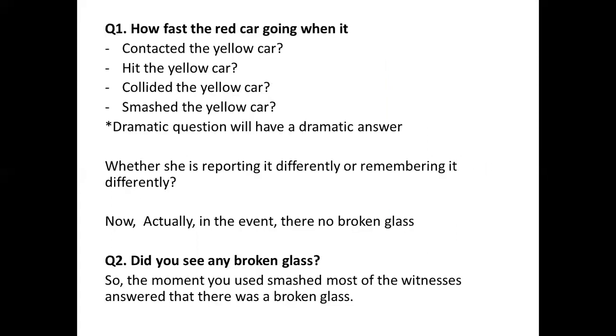How she did it is what you have to attend to. There were four people, and she asked each one of them the same question differently. For example, she asked one of them, how fast do you think the red car was going when it contacted the yellow car?